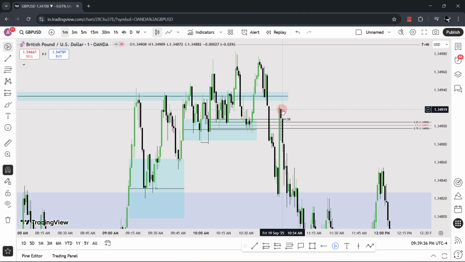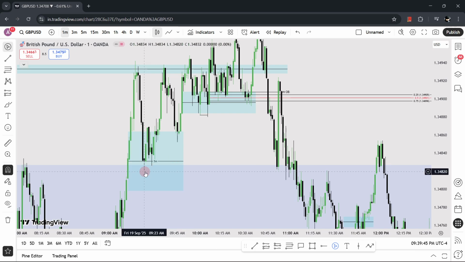You can take an entry from here or from this gap, making your stops there, targeting down here.